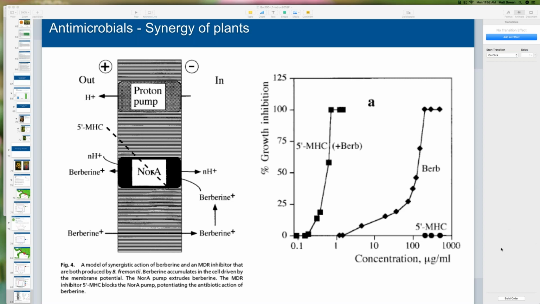Wendy is asking, would something like 5-MHC also work with antifungal resistance? It might. As an aside, there's a similar compound that we'll talk about later on in the phytochemical section called silymarin, which is found in milk thistle, and it appears to target multi-drug resistance in cancer cells.